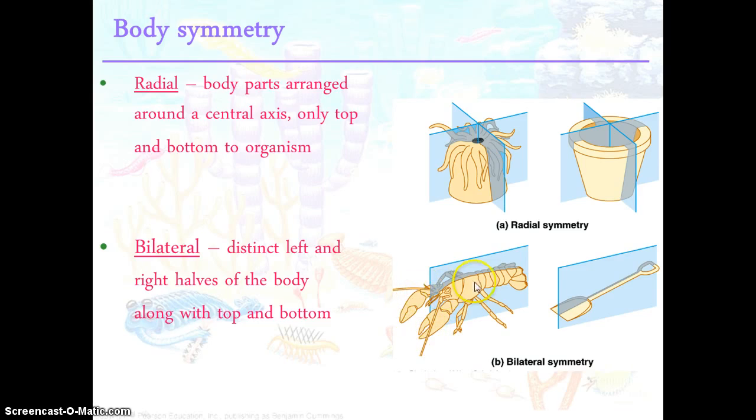And most times when you split that body apart, both of those halves are identical for the most part. Some of our more complex animals, humans for example, have bilateral symmetry. You can split us down the middle, and our left side and our right side would be two separate halves, but they would be almost identical halves.